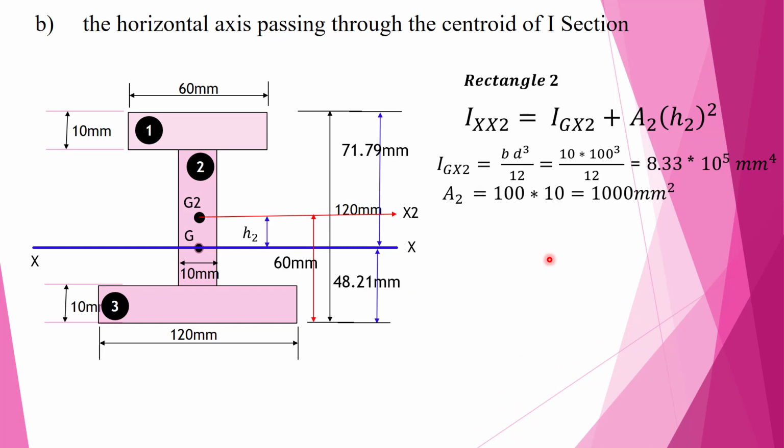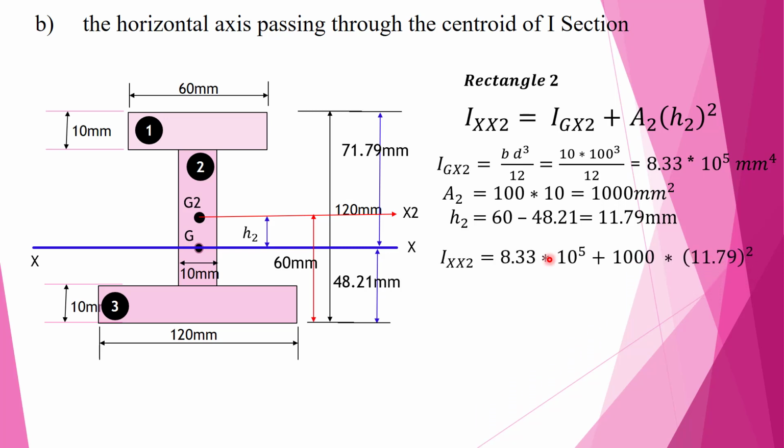Then A2 is 100 into 10, that is 1000 mm square. h2 is 60 minus 48.21, which is equal to 11.79 mm. So Ixx2 is equal to 8.33 into 10 raised to 5 plus area 1000 into distance square, 11.79 square, which is equal to 0.972 into 10 raised to 6 mm raised to 4.